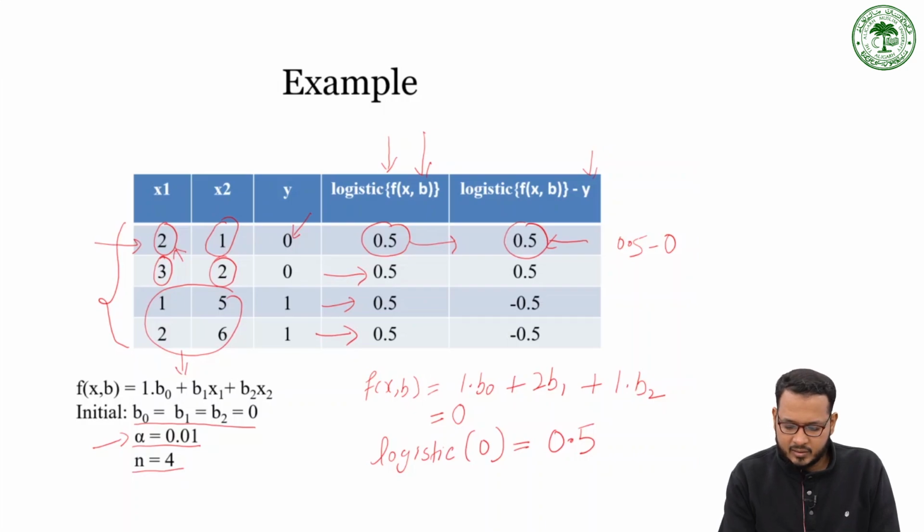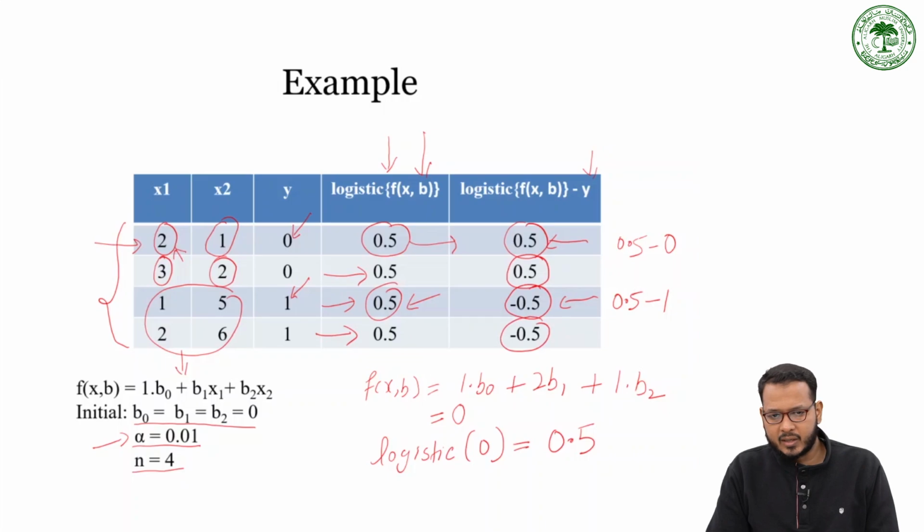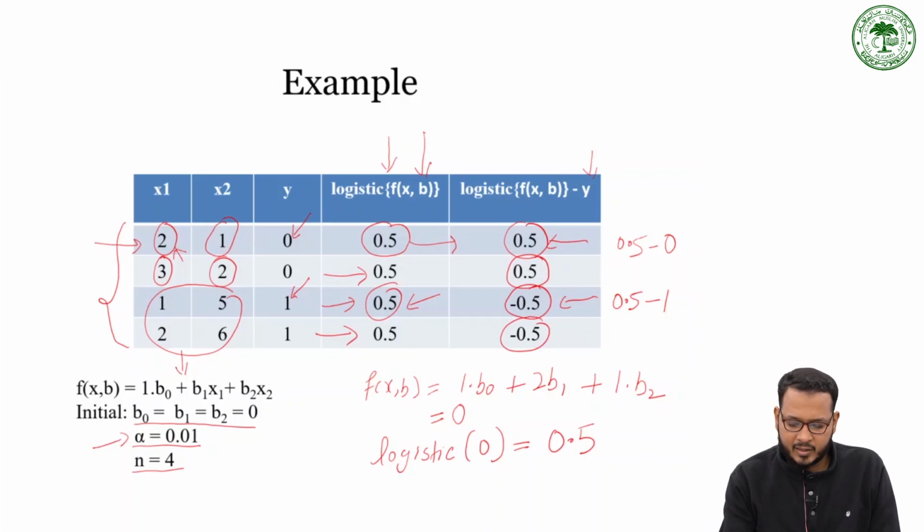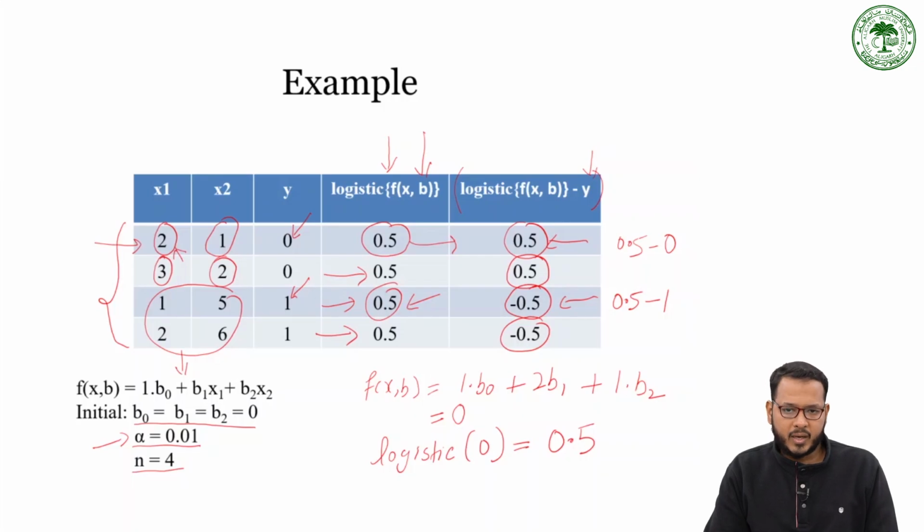The same is for the second example also. For the third case, we take its logistic value 0.5 minus the corresponding class value y, which is 1, and the answer would be minus 0.5, and the same is true for the last example as well. So in this way, we have calculated this expression, logistic value minus y.